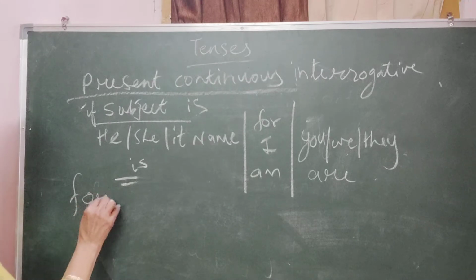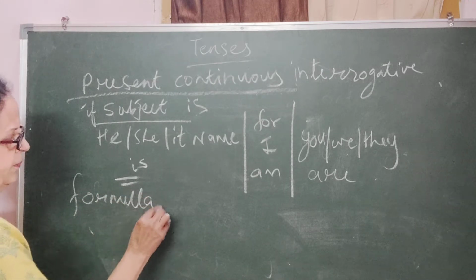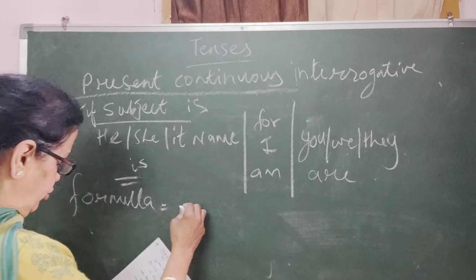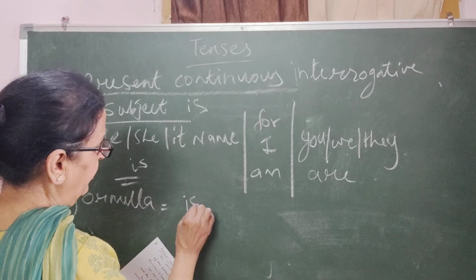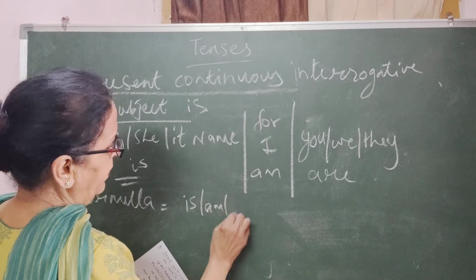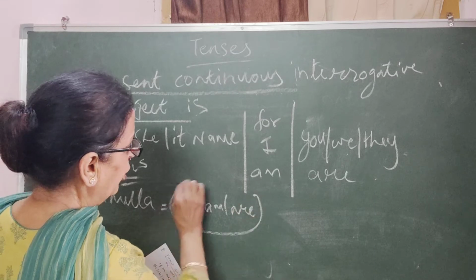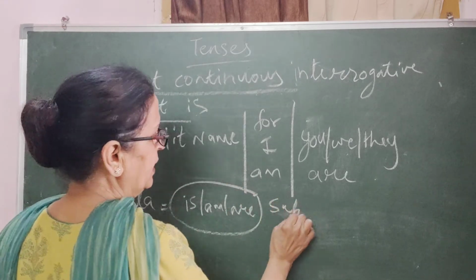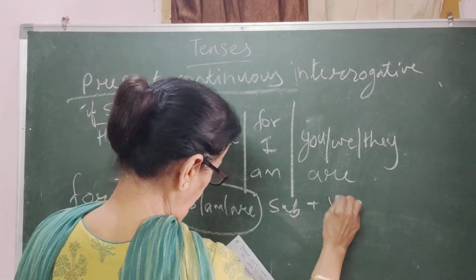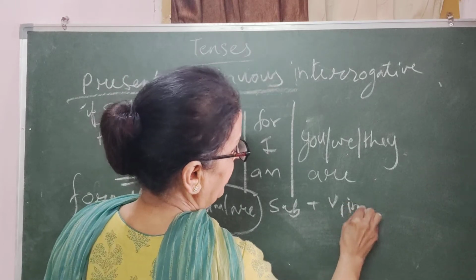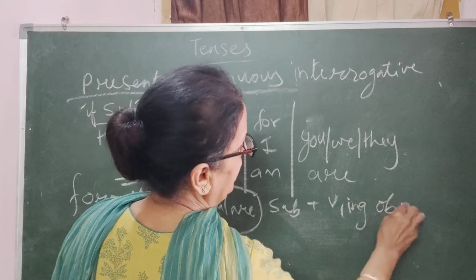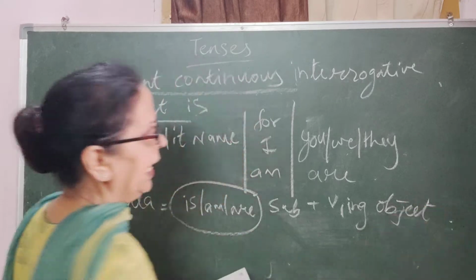Formula for negative sentences is, first you have to use the verb is, am, are according to the subject, and then you have got the verb 1, and if object is there, that will come at the end.